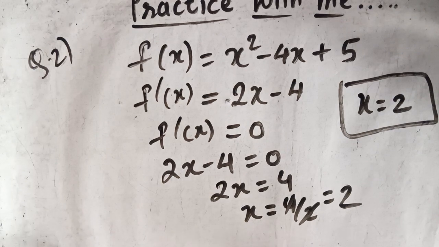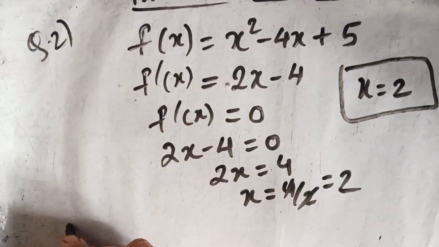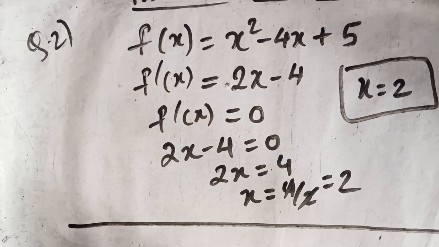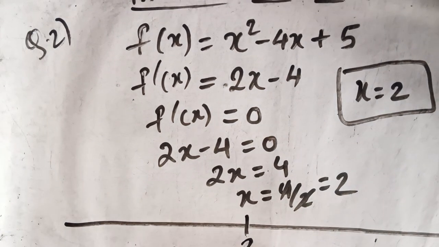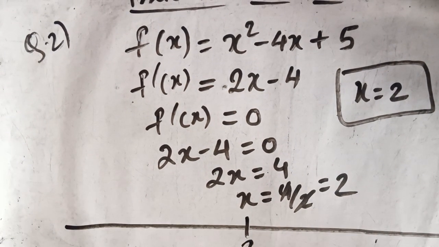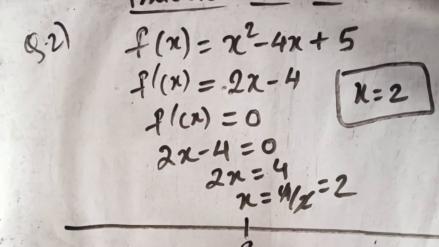If I draw it on a number line, you will get two intervals: from minus infinity to 2, and from 2 to infinity. Then you have to check whether it is increasing or decreasing.